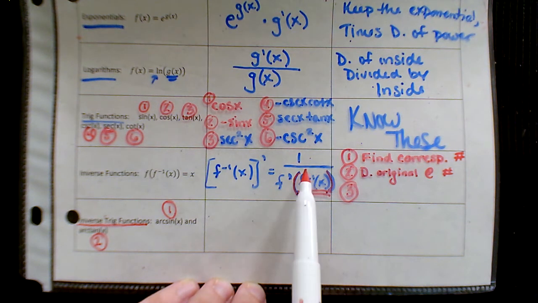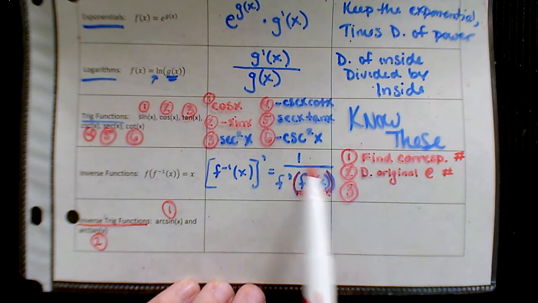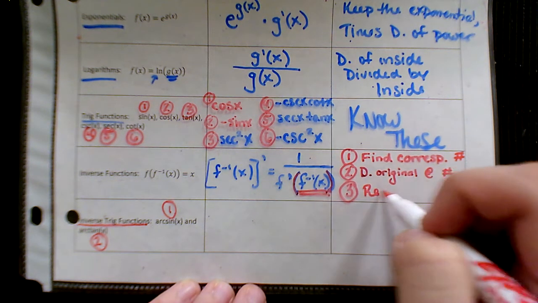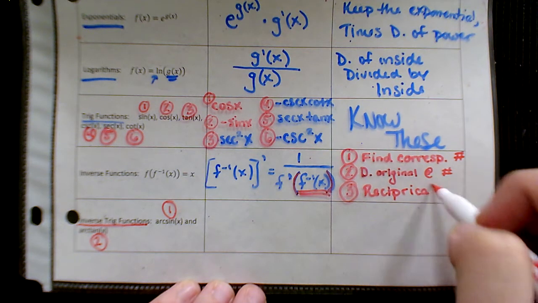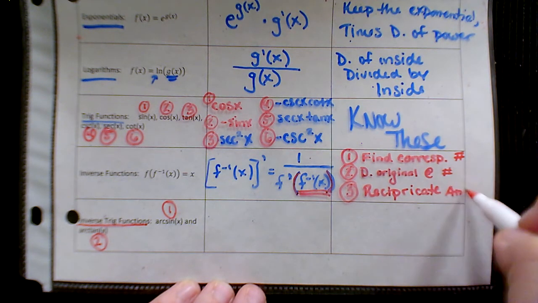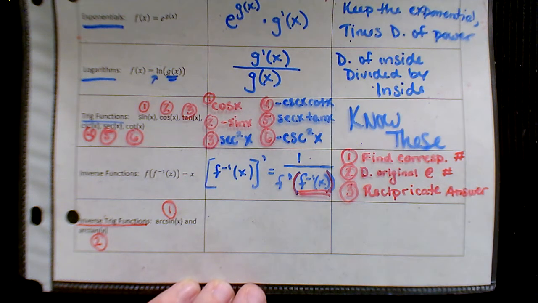So in that aspect, we would have some number left down here, which means we just have to reciprocate it. Okay, so reciprocate answer, aka 1 over that, and we'll get the derivative of the inverse.